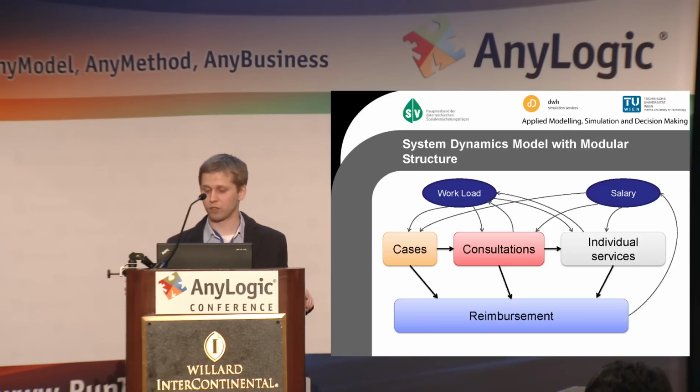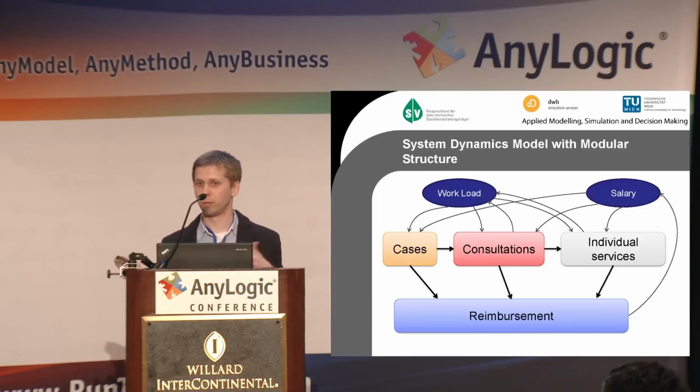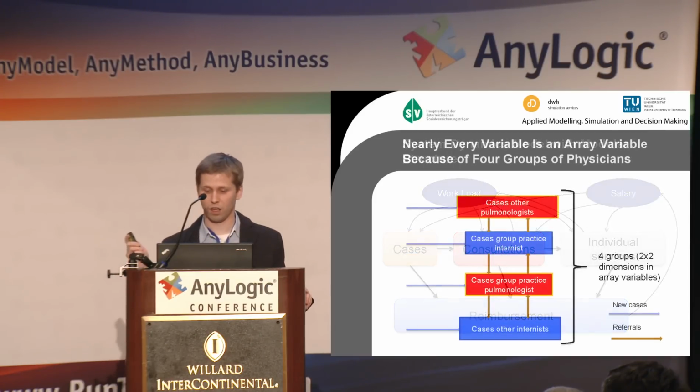And from the consultations, for every consultation, he gets individual services. And this leads to reimbursement. In this case, we included feedback explicitly from the reimbursement, because according to the workload and the salary the providers adapt and maybe heighten or lower their services per consultation and so on.